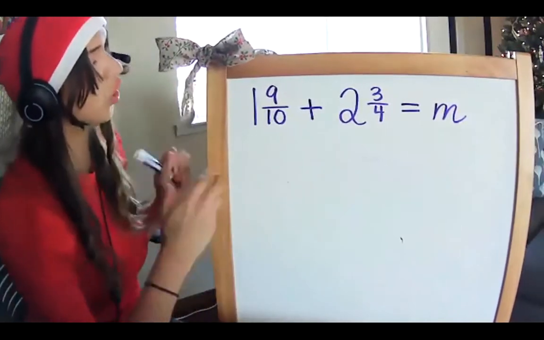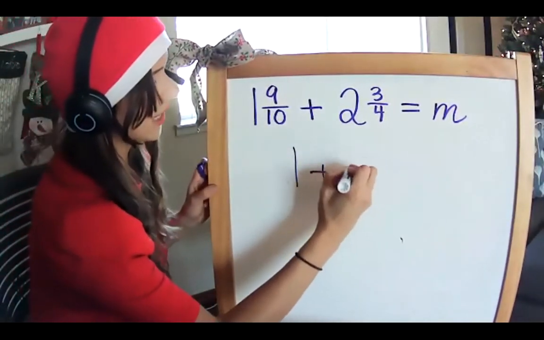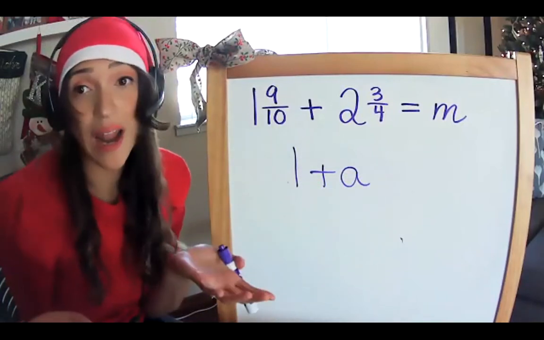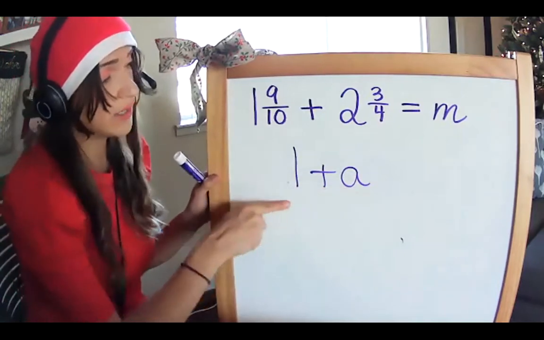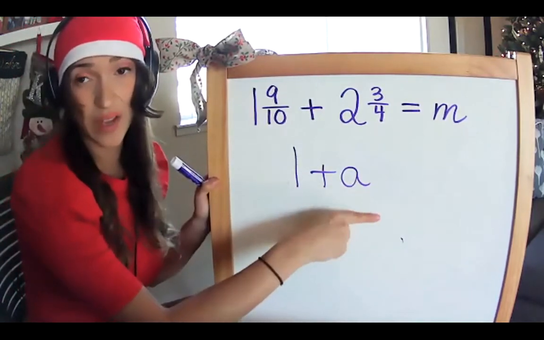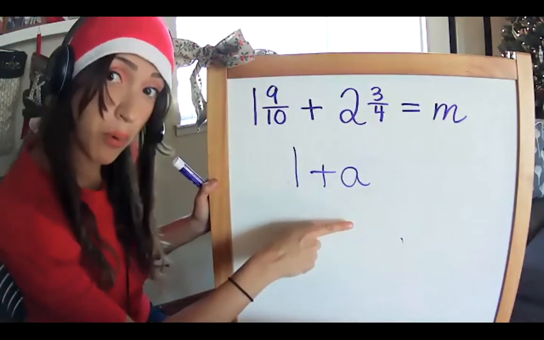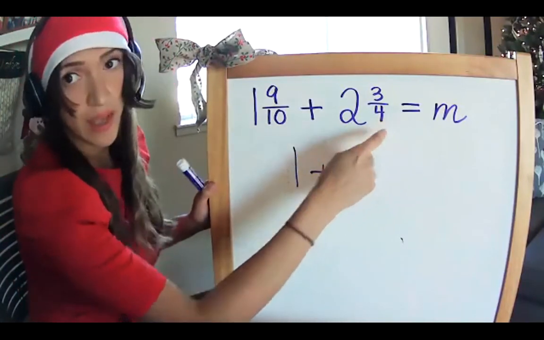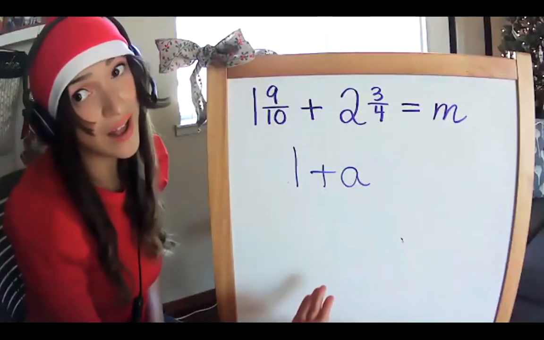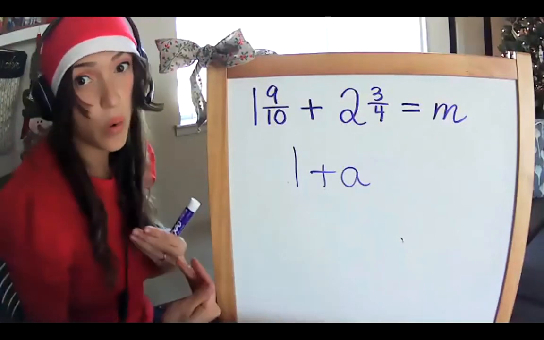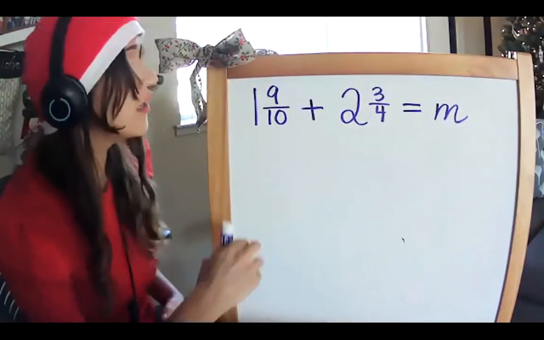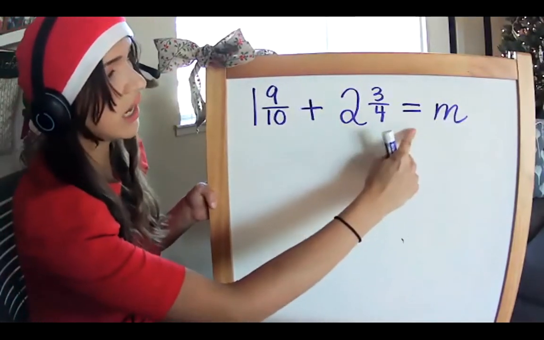If I just wrote 1 plus A, could I solve that? No, I don't have an equal sign. When I don't have an equal sign and I can't solve it, it is called an expression. If I have an equal sign and I have a value I can find, it is called an equation. So if I ask you to write an equation, you need to make sure that you have an equal sign.